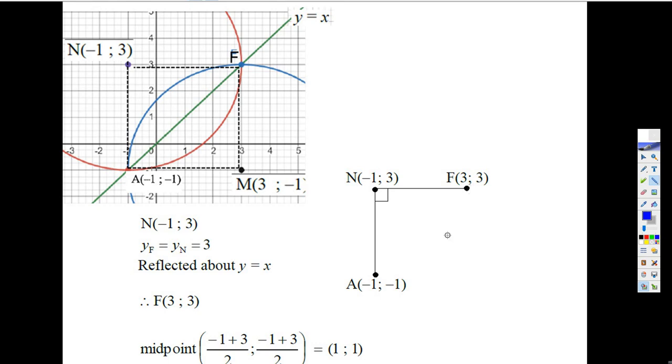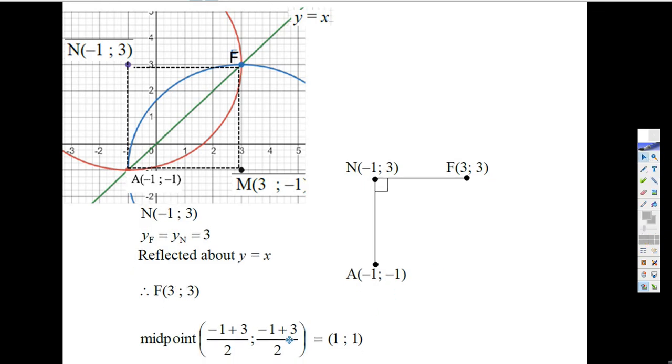And then the answer should be just the midpoint of A and F. 3 and 3, minus 1, do the midpoint, you get 1 and 1. So you can get that F is 3 and 3 because it's spinning around the line y equals x. You're looking at it here, you can see it has the same y coordinate.